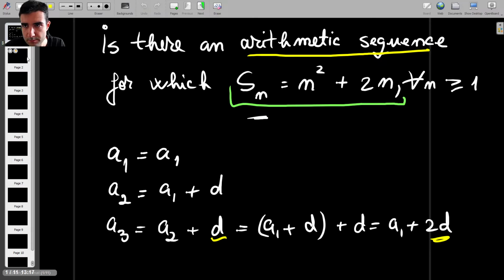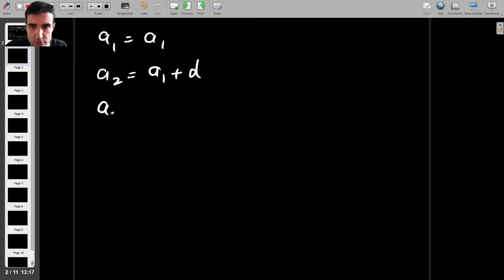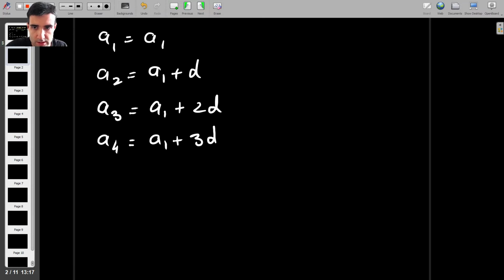So let's try to compile everything into one column. We have a1 is equal to a1, then a2 is equal to a1 plus d, then a3 is equal to a1 plus 2d, and a4 is a1 plus 3d, and so on.